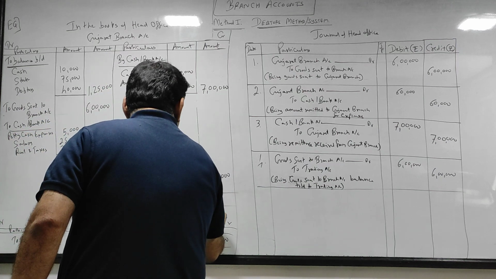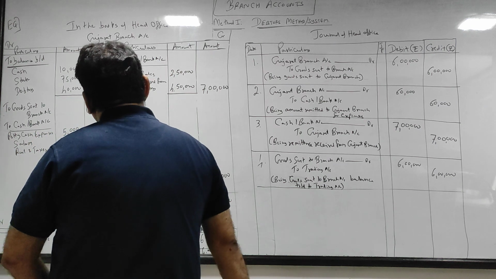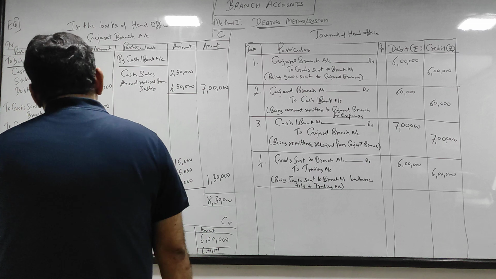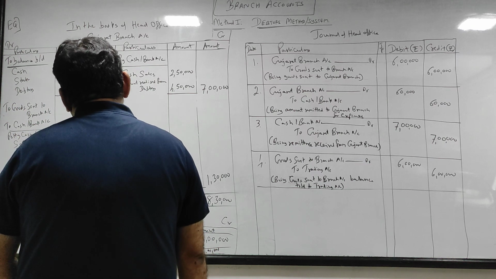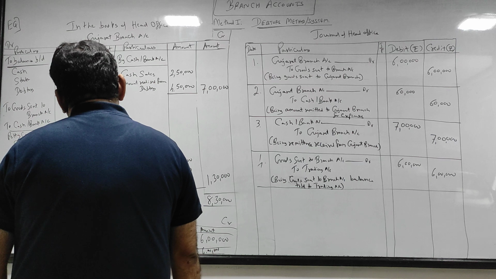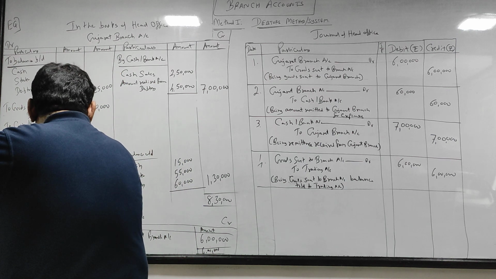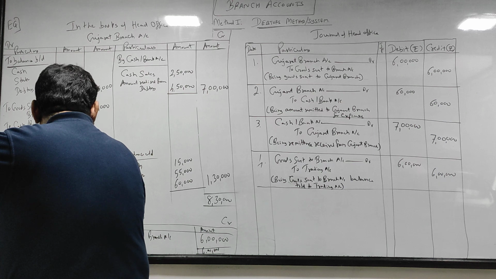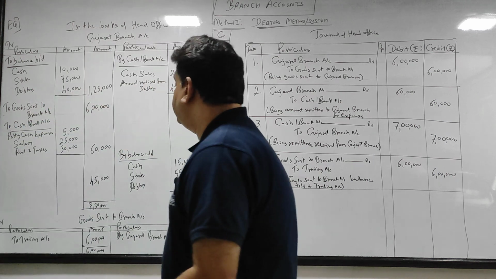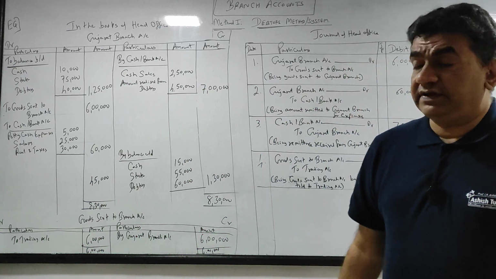Credit side seems more: 830, 660, 760, 785, 30 and this 45,000 difference. 45,000 difference.